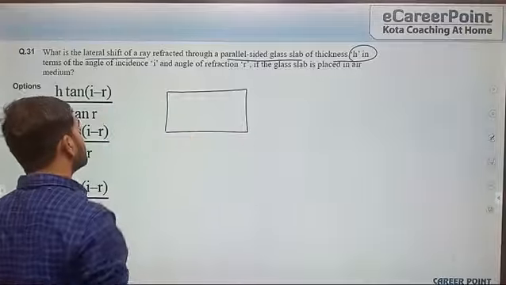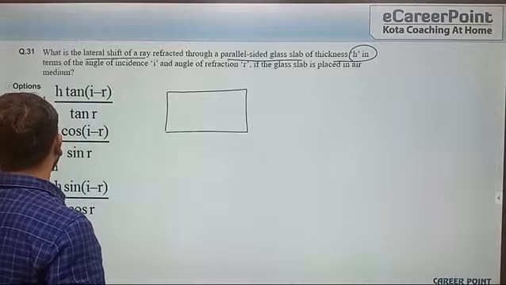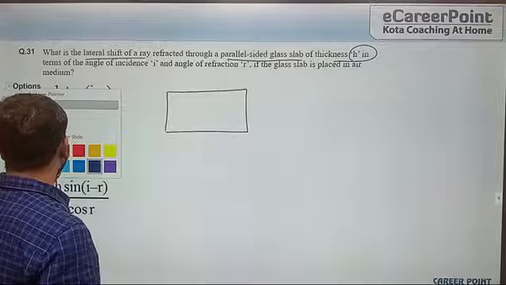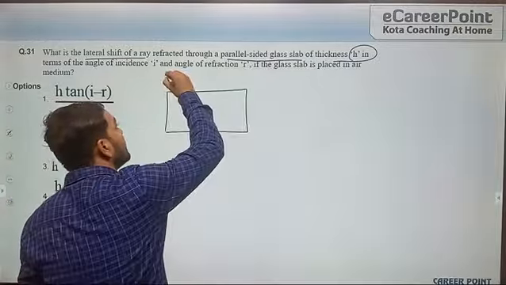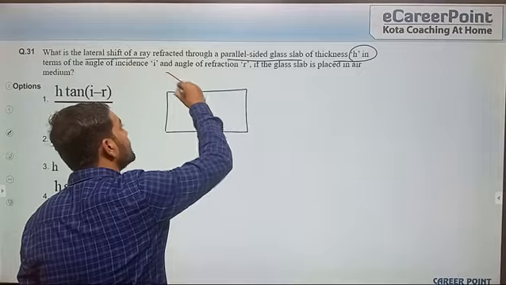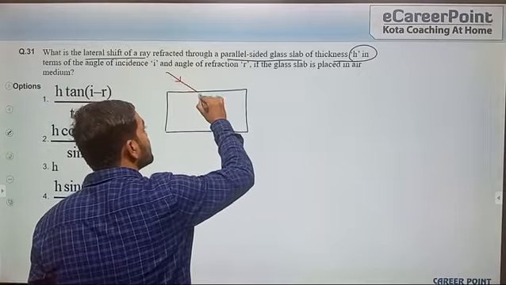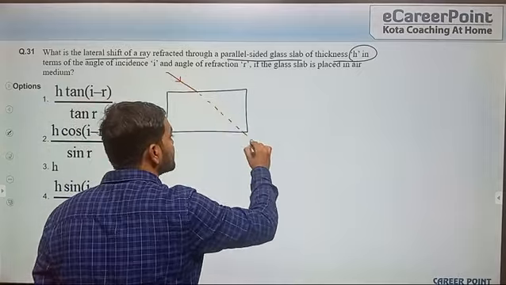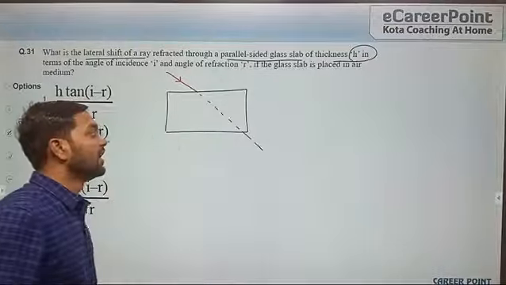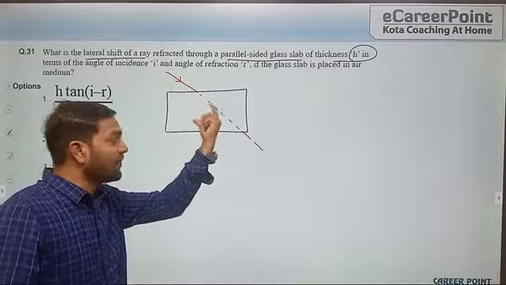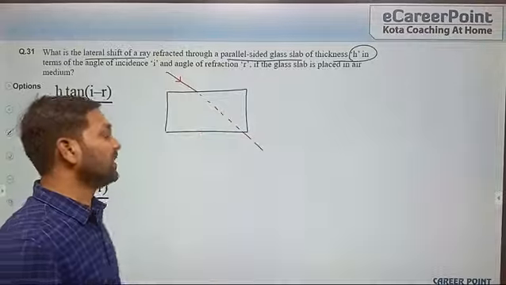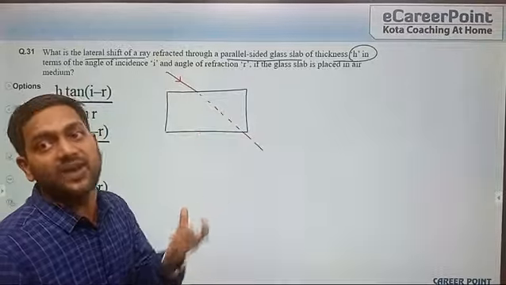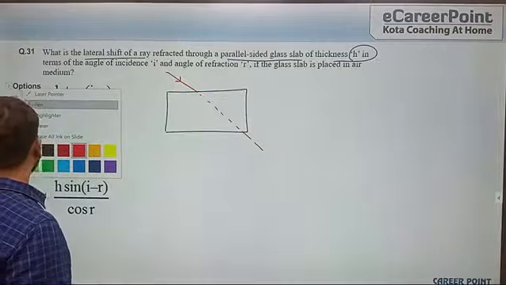So this is our parallel sided glass slab here. First we need to give an incident light. It would move like this, but what happens here is that, due to refraction, the incident light will get deflected here.